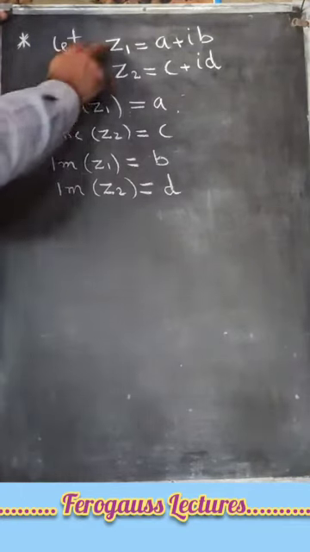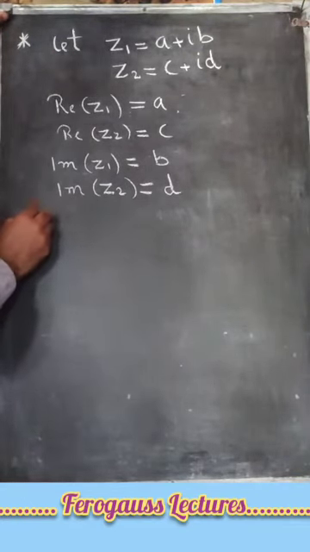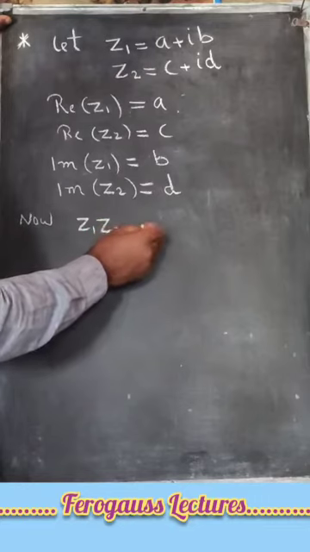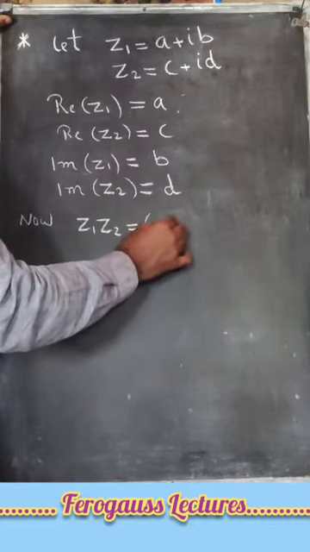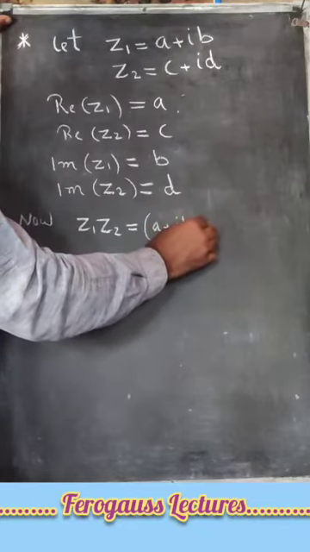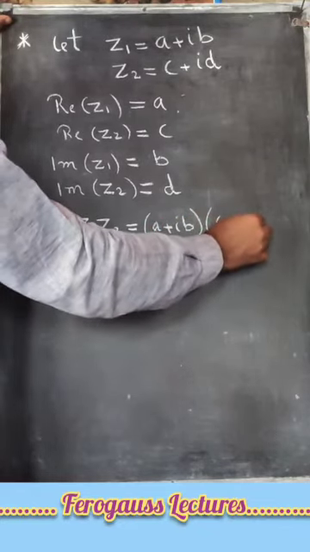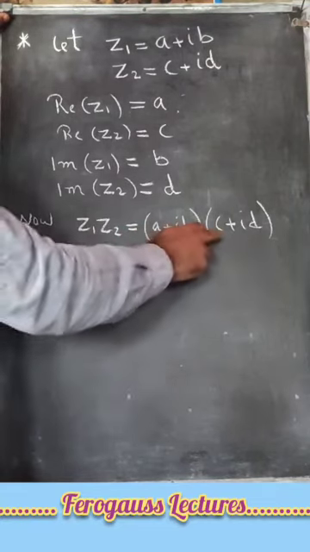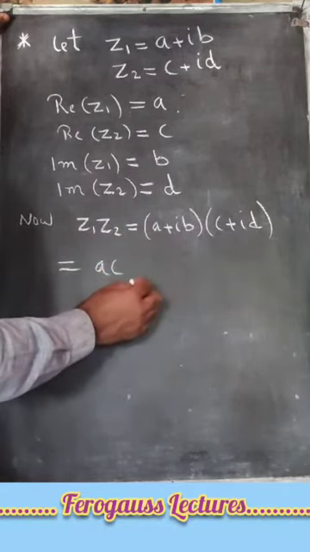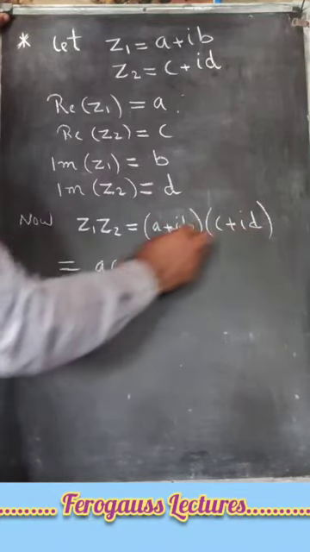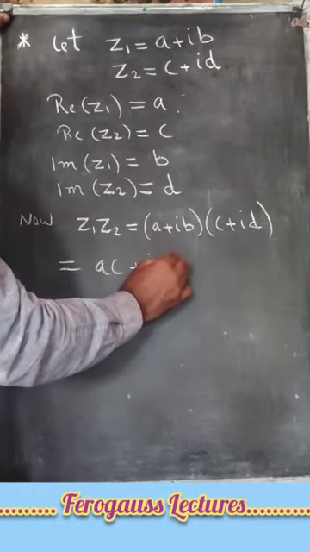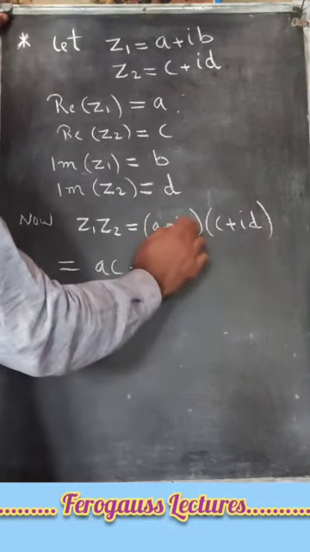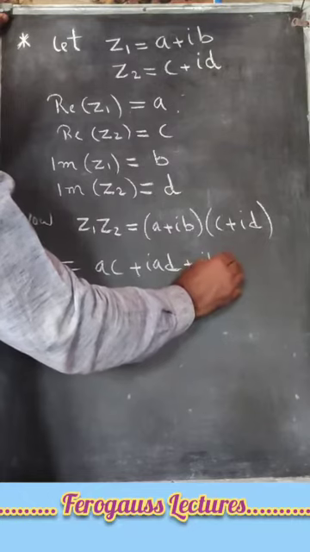Now we multiply these two complex numbers z1 and z2. z1 into z2, that is equal to (a plus iota b) into (c plus iota d), that is equal to a into c, ac, a into iota d, so that is iota a into d, plus b into c, iota b into c, so we get iota b into c.